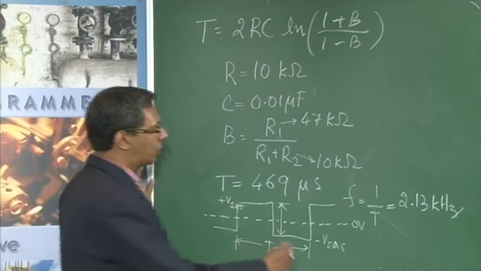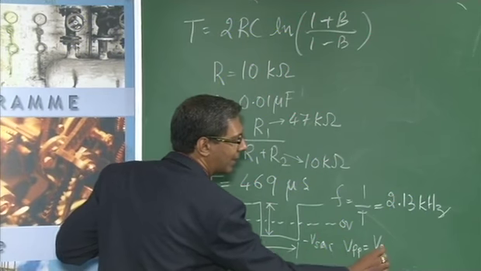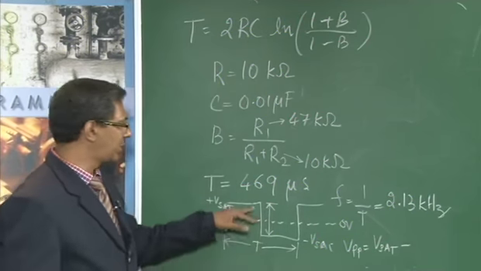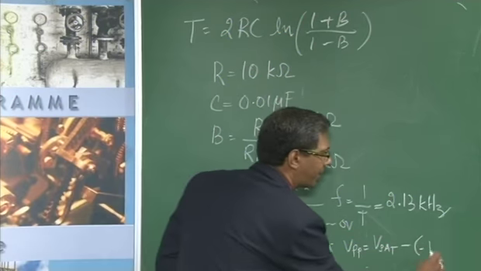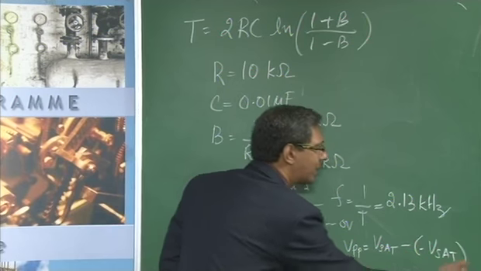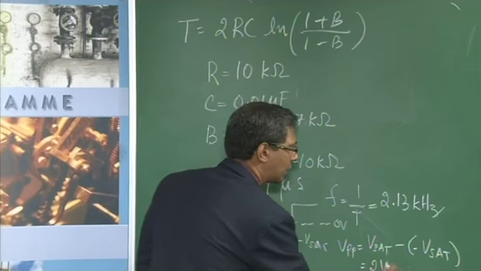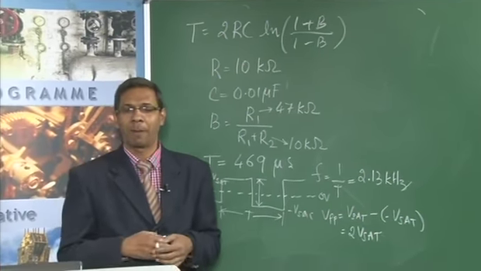So what is V peak to peak then? Your V peak to peak is Vsat minus this value, and what is this value now? Minus Vsat. So Vsat minus of minus Vsat becomes Vsat plus Vsat. So your peak to peak is 2 times the saturation voltage of this op amp.